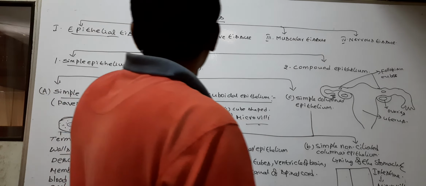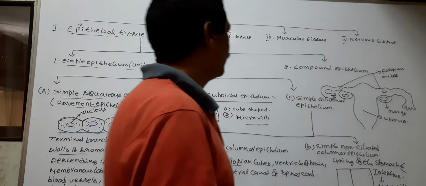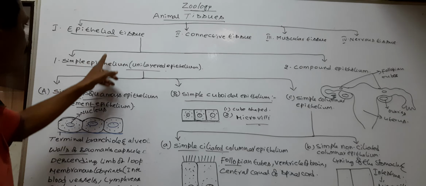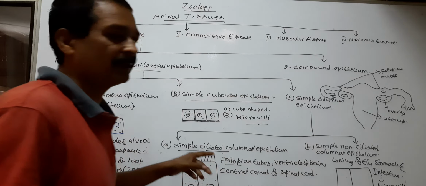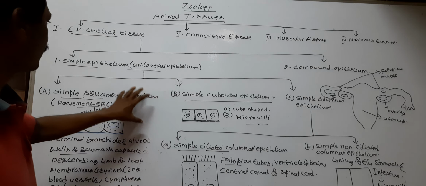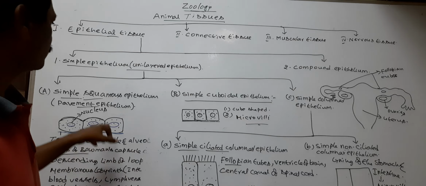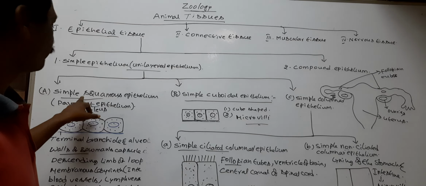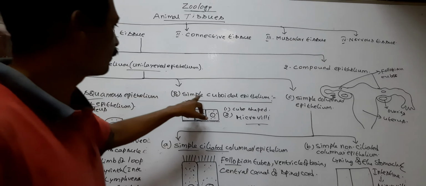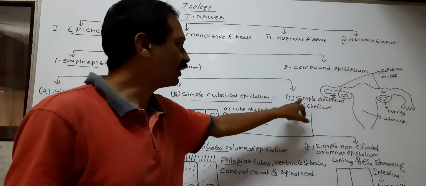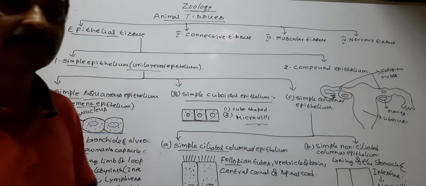Next, compound epithelium. Here the epithelial tissue divides into two types: simple epithelium and compound epithelium. Now we completed simple epithelium. Simple epithelium divides into three types: simple squamous epithelium, simple cuboidal epithelium, and simple columnar epithelium.